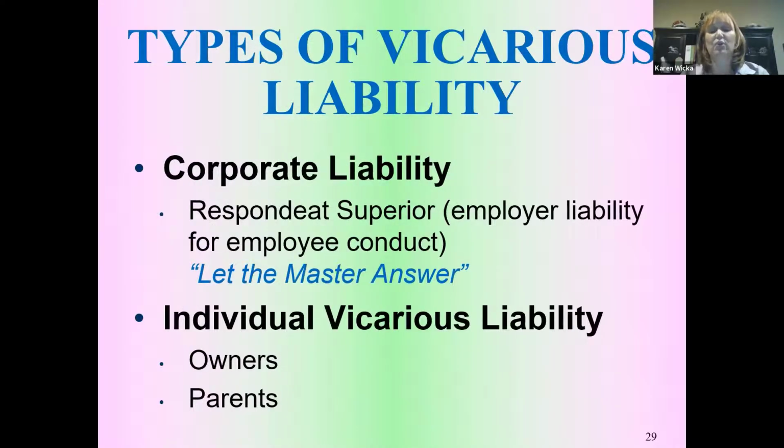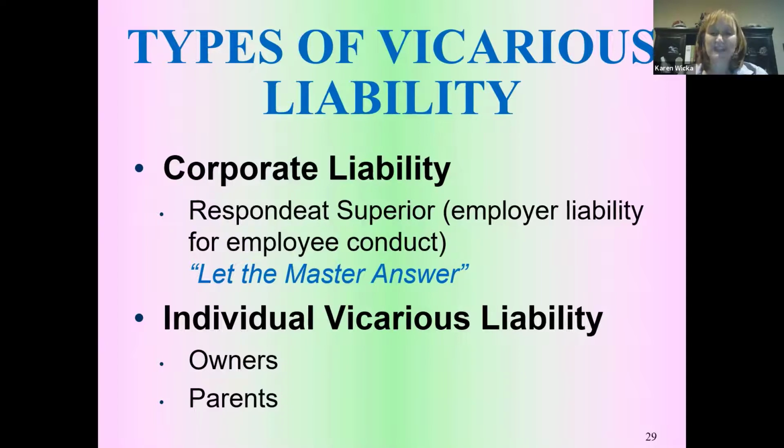So we have this thing called corporate liability. We believe that corporations should be responsible for the actions of their employees. So if you have an employee that does something criminal, you can transfer that employee's responsibility back to the owners of the company. That's called respondeat superior, that the employer is liable for the employee's conduct. And respondeat superior says, let the master answer. So there are certain circumstances like environmental, they dump toxins into the environment.